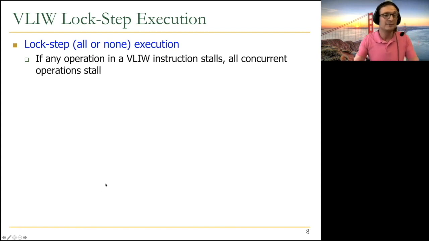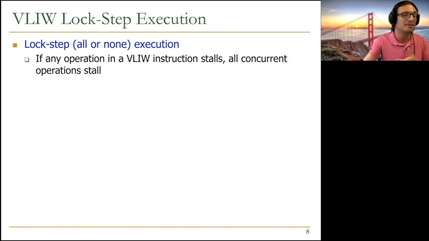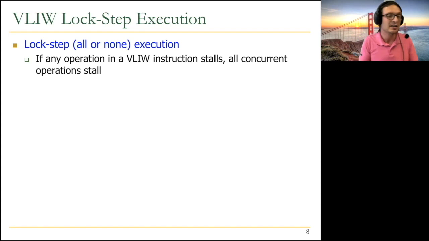But yes, if you, for example, want to try to do atomic execution across all of those instructions at the same time, it's going to be easier in a VLIW machine for sure. So a VLIW machine doesn't guarantee that, for example, the memory updates are done atomically by these instructions that are executed in the same bundle. So in that sense, it's not guaranteeing that sort of atomicity, but it's really doing lockstep.